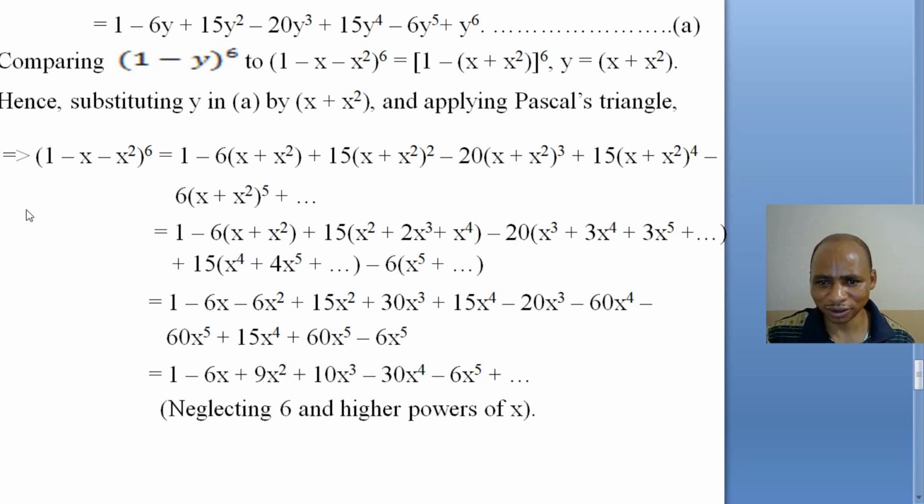And applying Pascal's triangle, we will end up getting (1 minus x squared) all raised to the power 6 being equal to 1 minus 6 times (x plus x squared), plus 15 times (x plus x squared) all raised to the power 2, minus 20 times (x plus x squared) all raised to the power 3, plus 15 times (x plus x squared) all raised to the power 4, minus 6 times (x plus x squared) all raised to the power 5, plus and so on.